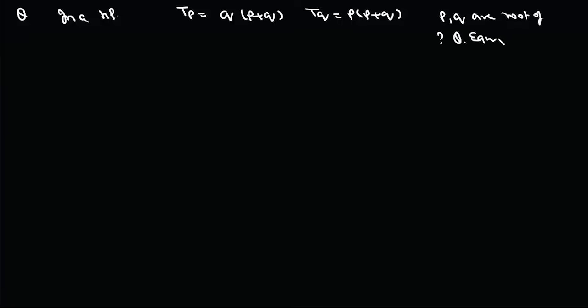So we need to find a quadratic equation whose roots are P and Q. Now we know that if these are terms of an HP, the reciprocals will be terms of an AP. So we can write A plus P minus 1 into D equal to 1 upon Q into P plus Q.